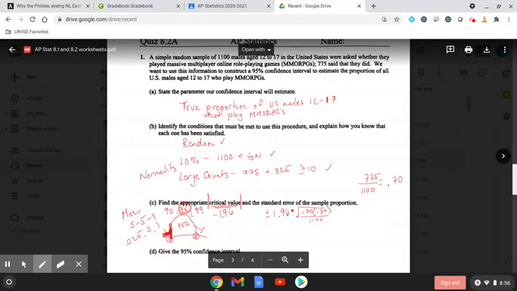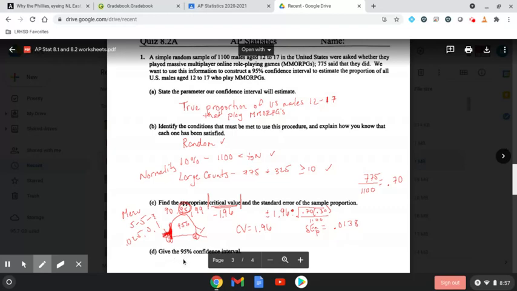Times 1.96, our critical value. Well, it actually asks us to find both, so I guess I should write them separately here. So our critical value is 1.96. Our standard error of p hat is roughly 0.0138. And guys, I don't care if you go 3 decimals or 4 decimals, but that's how you would find that.